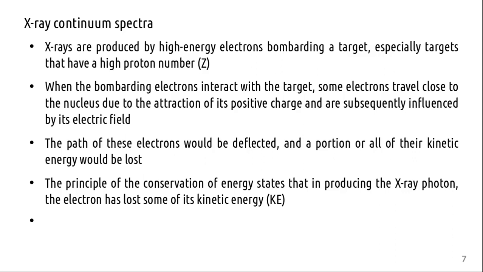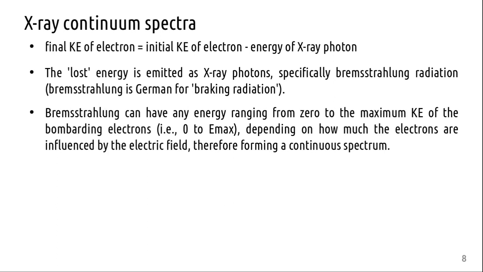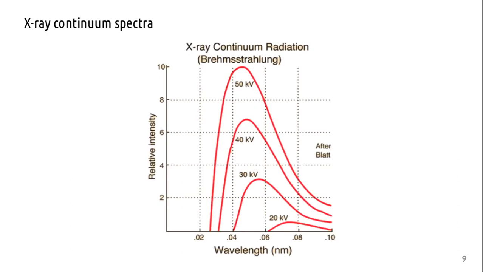As a result, the kinetic energy of these electrons will be reduced. The reduction in kinetic energy is emitted as an X-ray photon, and this is a braking action, a retarding action on the electrons. This is called Bremsstrahlung radiation or the continuous radiation. It's a continuous spectra.